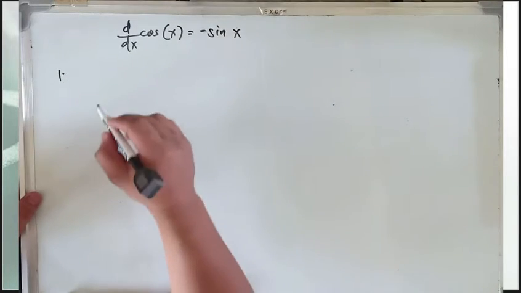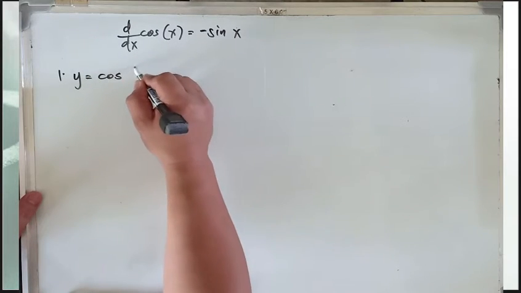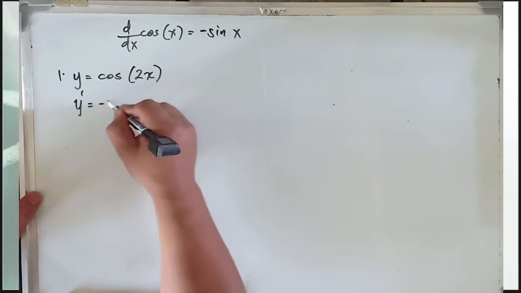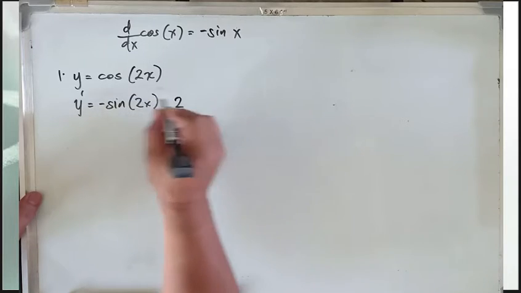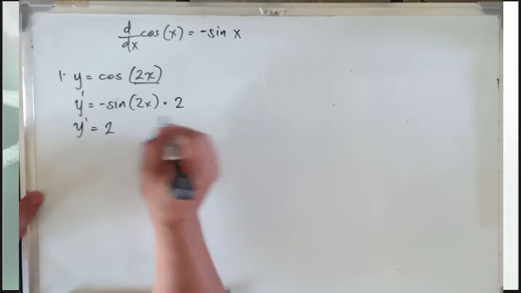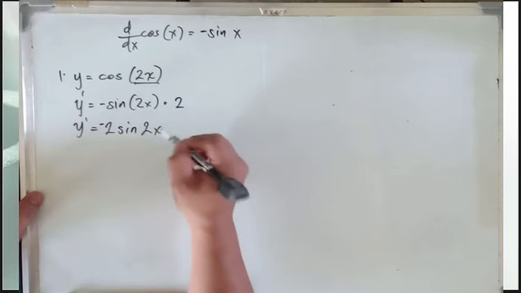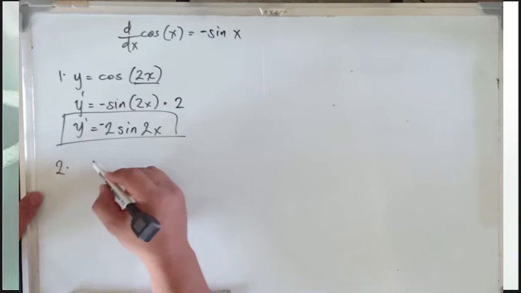Okay, first example, we have y is equal to cosine of 2x. The derivative of this is negative sine, copy your 2x, multiplied by the derivative of the angle 2x. Then let's just rewrite. We have negative times 2 is negative 2 sine of 2x. That's the final answer. Let's proceed to example number 2.